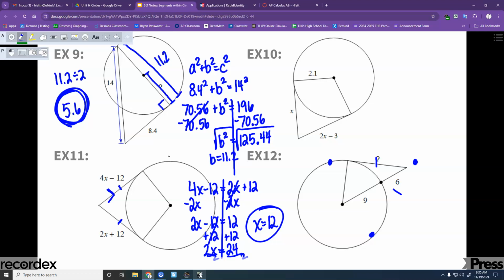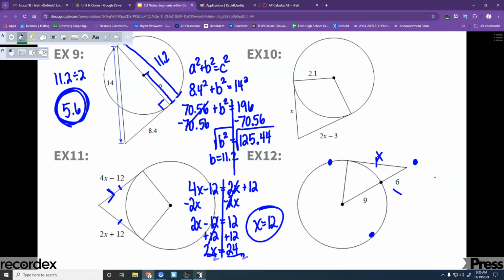Okay, 12 is a little bit of a different problem than what we've had before. If we look back at our pictures, this is a tangent and a secant, right? Which meant that we did tangent squared equals outside times the whole line, right? So let's make this question mark into an x because we don't know what that is.